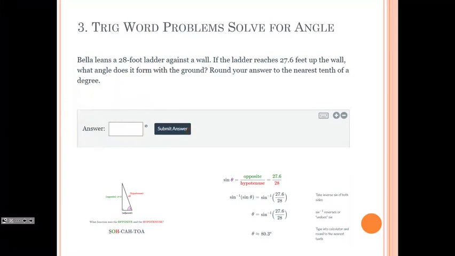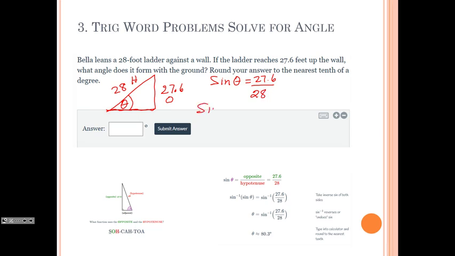Okay, this one right here. Bella leans a 28-foot ladder, so this is your ladder leaning up against a wall that is 27.6 feet. I'm just going to put the numbers. What angle does it form with the ground? Your ground is right here. We've got opposite and we have hypotenuse. What is that? That's the sine. Sine theta equals 27.6 over 28. How do I do it in my calculator?